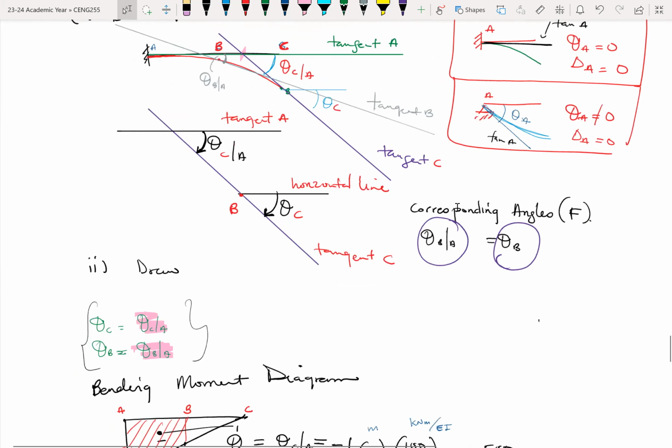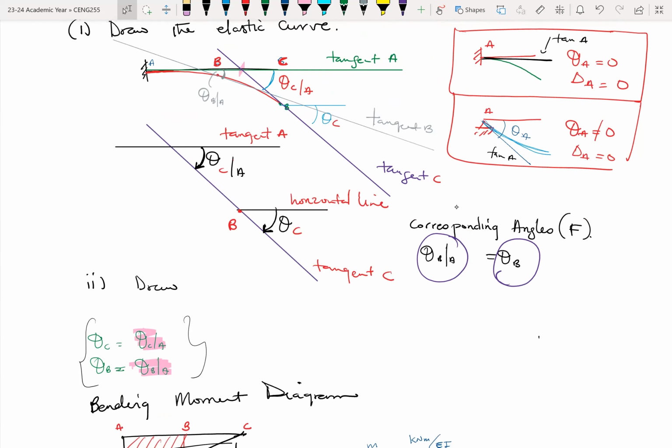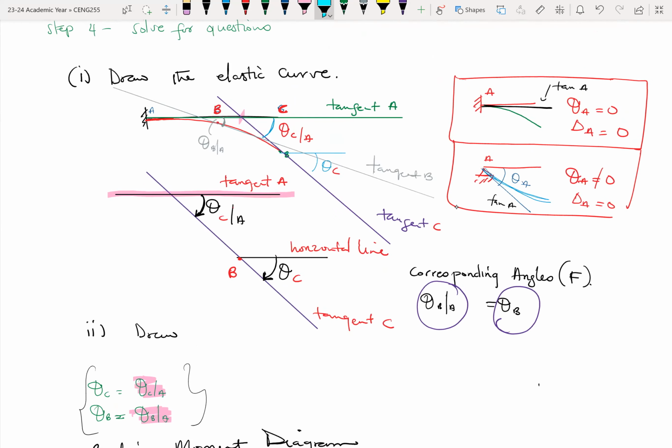Going back to the tangent, right? So this is tangent A. So here is tangent A, and this is tangent C. So the one with the scalar, this is tangent C. Okay. Now tangent A happens to be horizontal. Okay. So the reason why theta C is the same as theta C over A is because of the position of tangent A. Right?